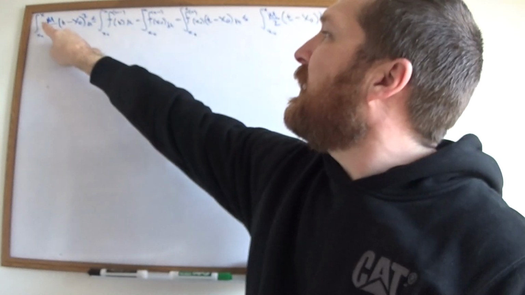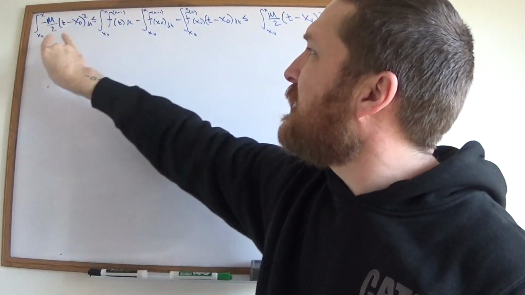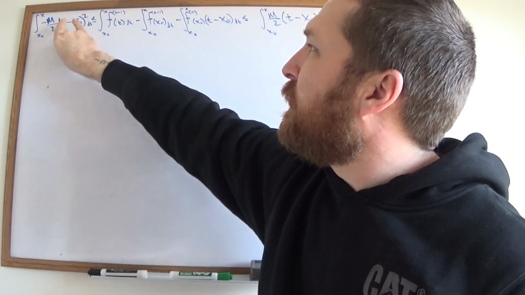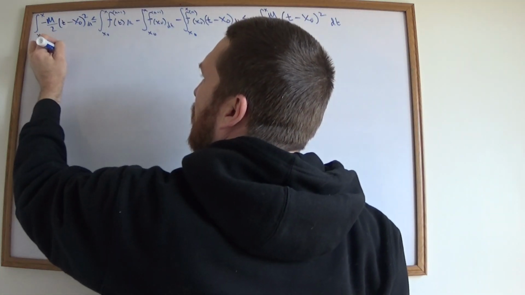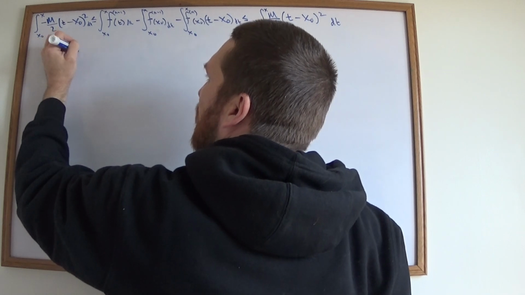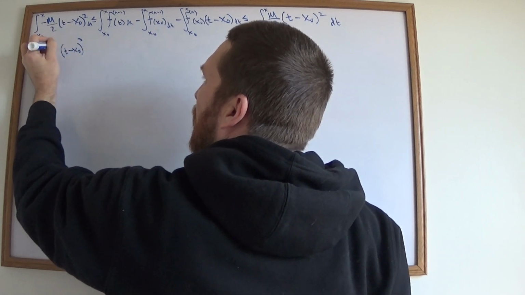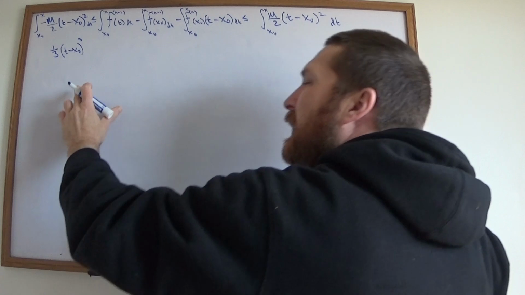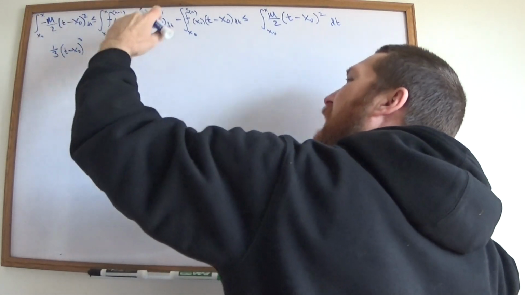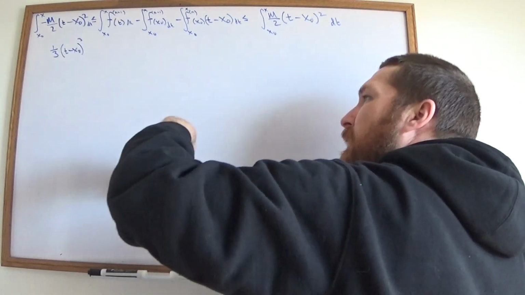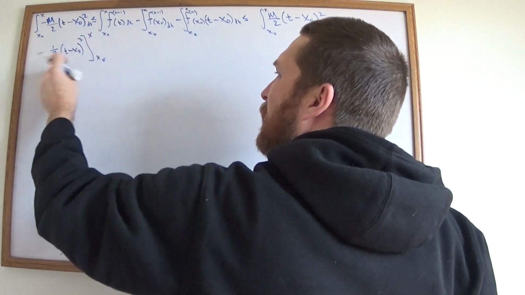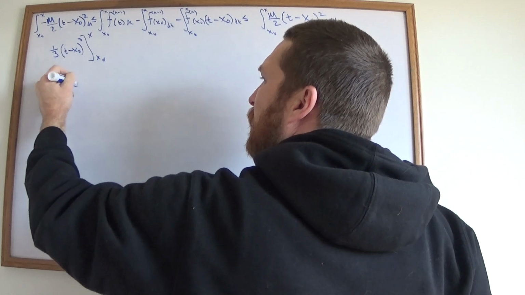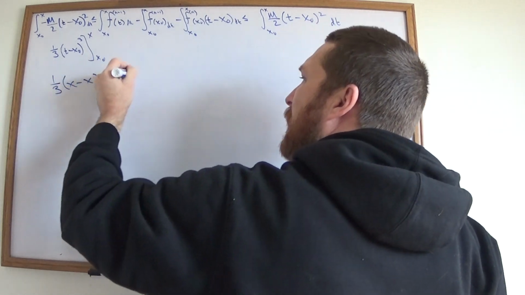Now, negative m over 2 is a constant. He comes out. We know the trick here. We're just going to raise it up to the third power, right? It would be t minus x0 raised to the third power. We'd have to divide by 3. But then we're going to evaluate up at x and down at x0. And so when we do that, the x comes in as 1/3 (x minus x0) cubed, minus 1/3.